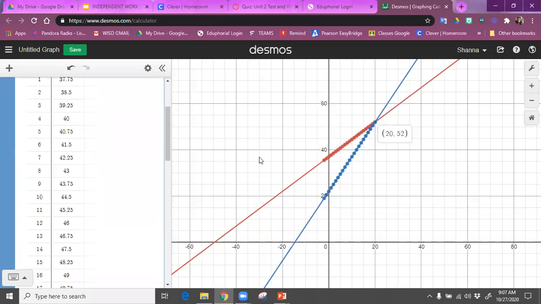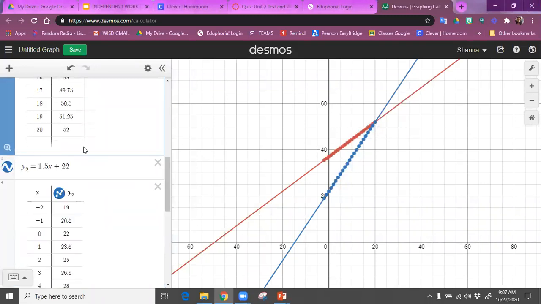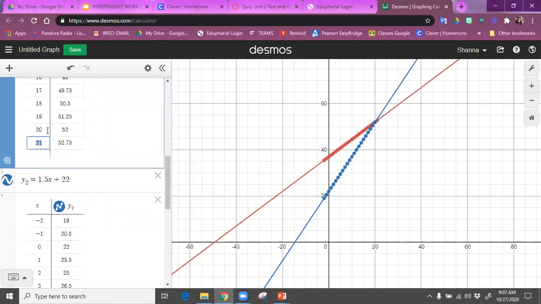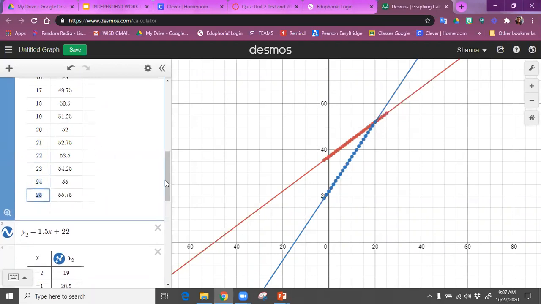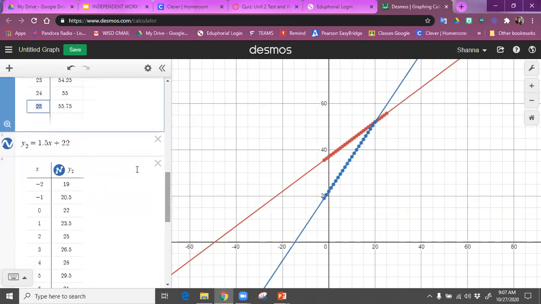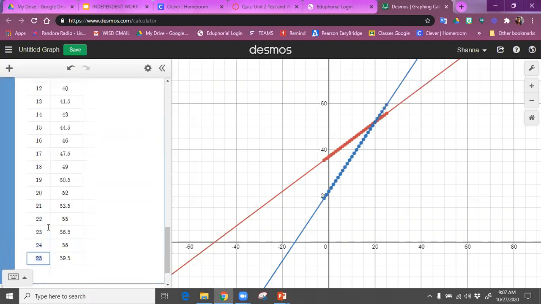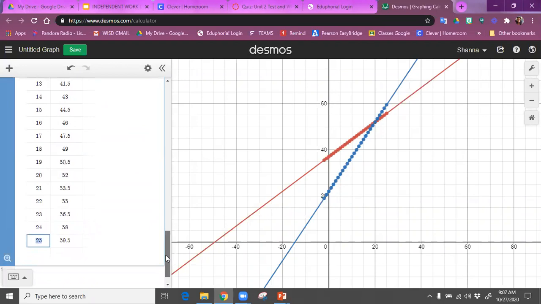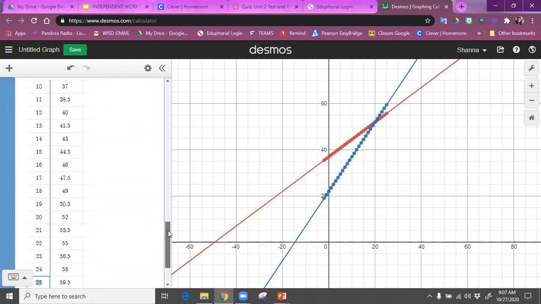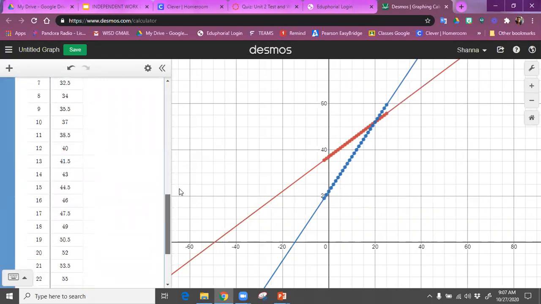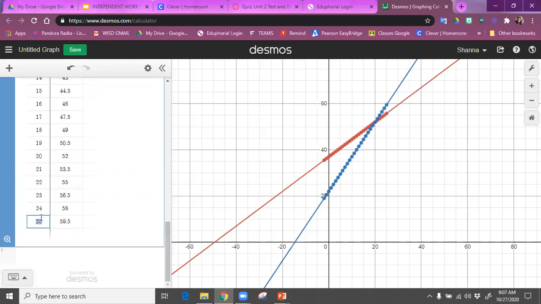So the length of the two sharks after 25 years, I can just click enter on my table, and the Greenland shark would be 55 and 3/4 centimeters. Click enter here. And the spiny would be 59 and a half centimeters long. And there we go. I know my value.